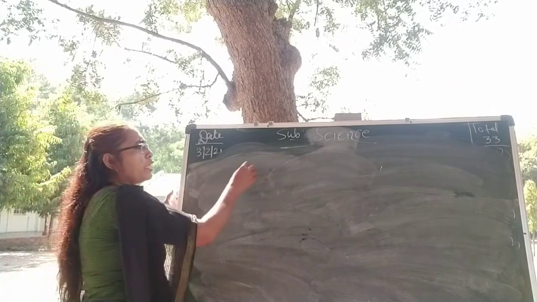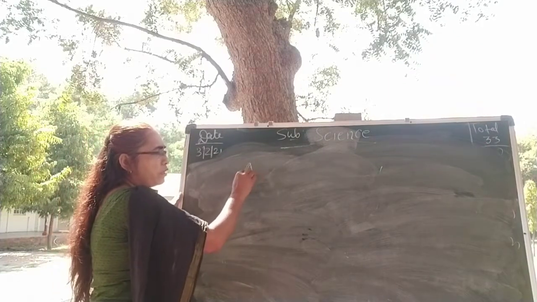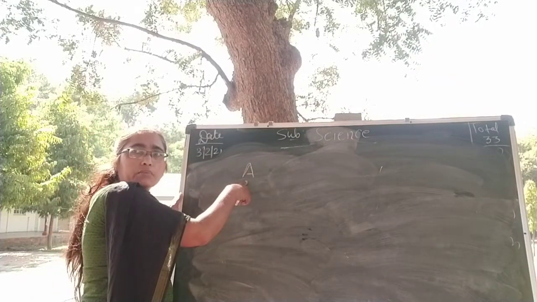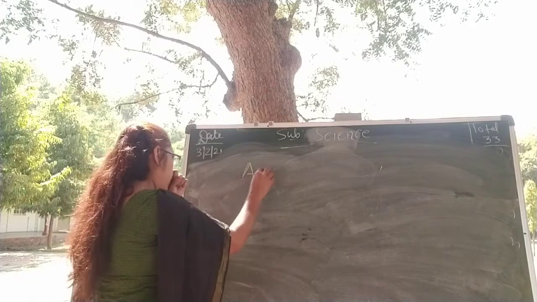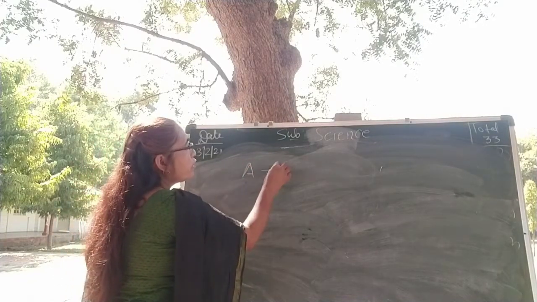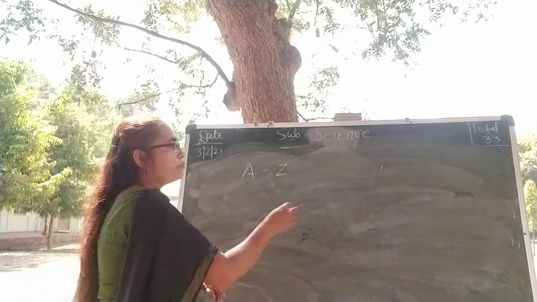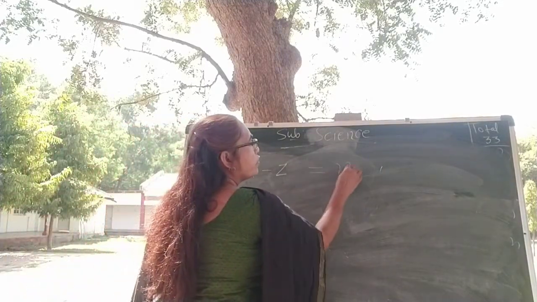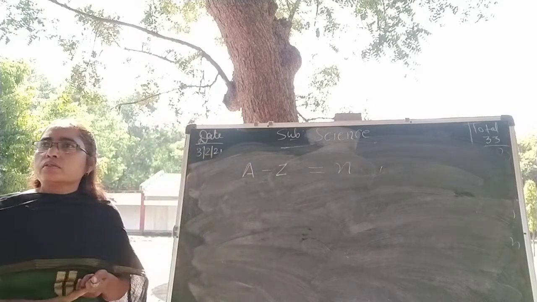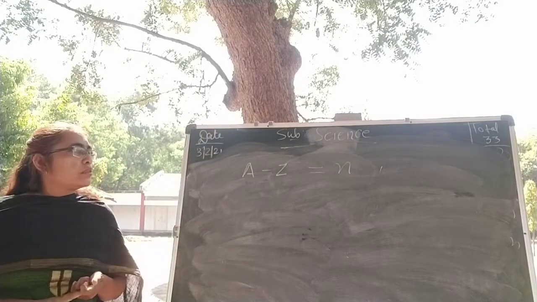So how can we represent this? A is the mass number, and A minus Z gives the number of neutrons.